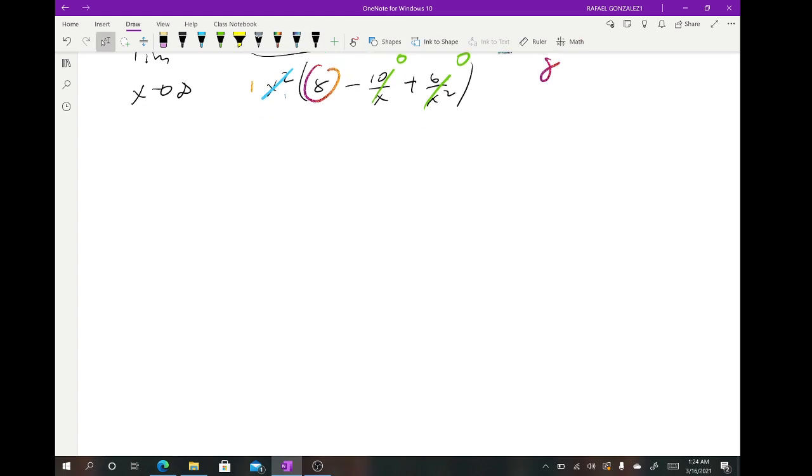Now, that is different from infinite limits. An infinite limit happens at the asymptotes.